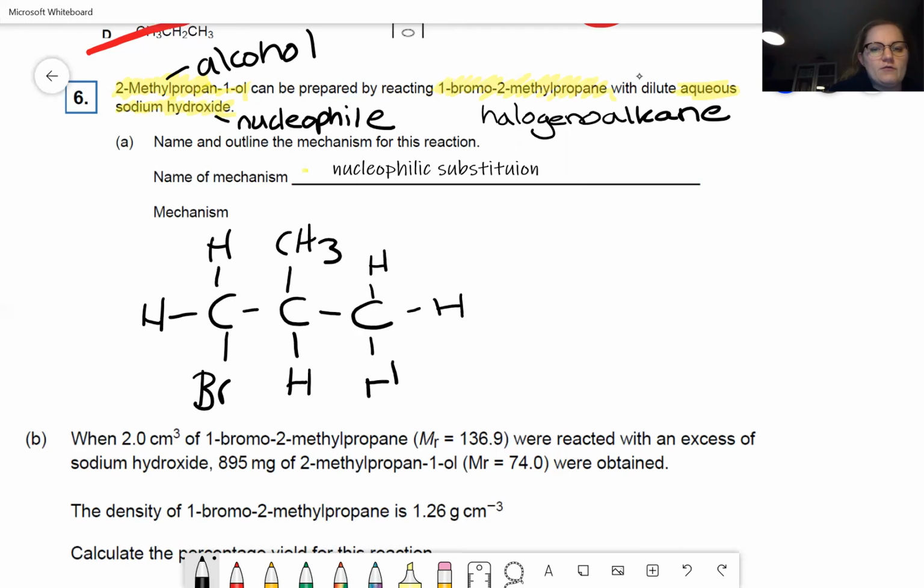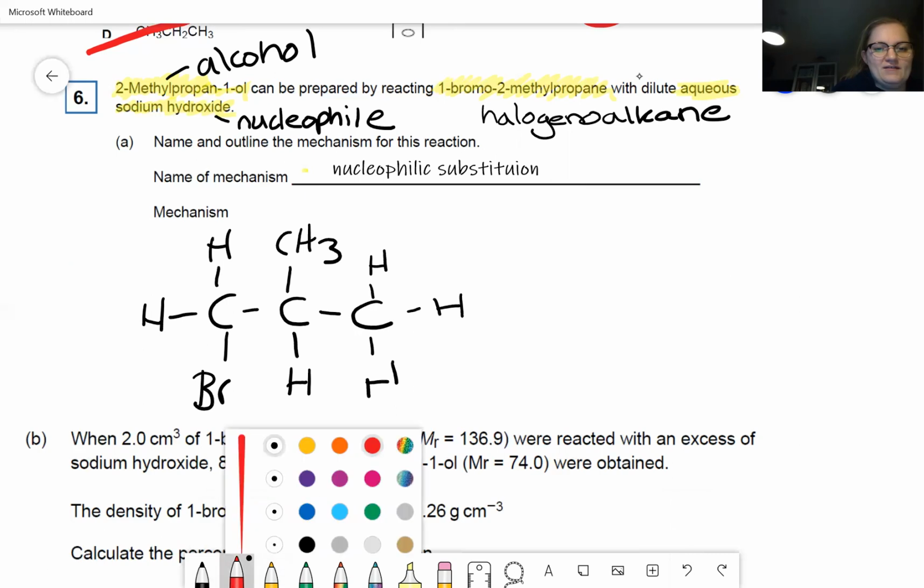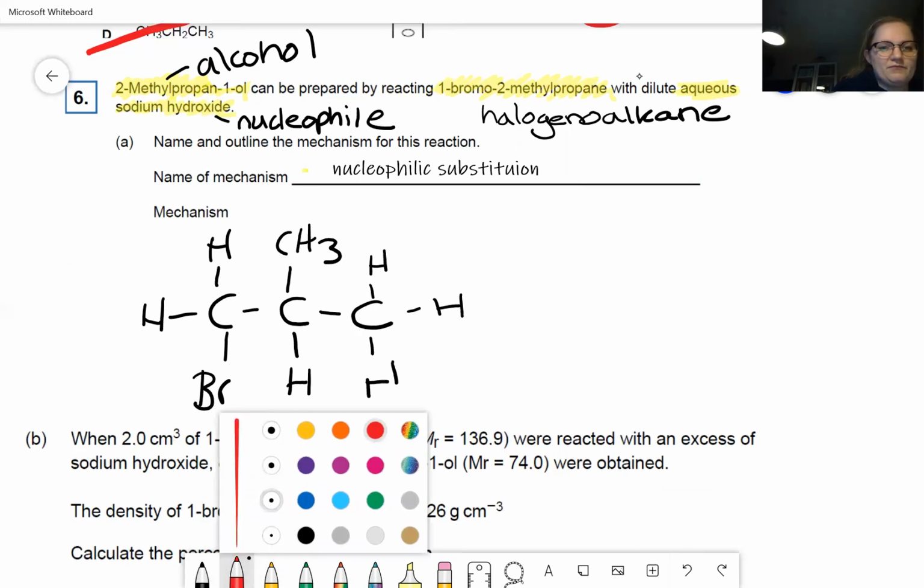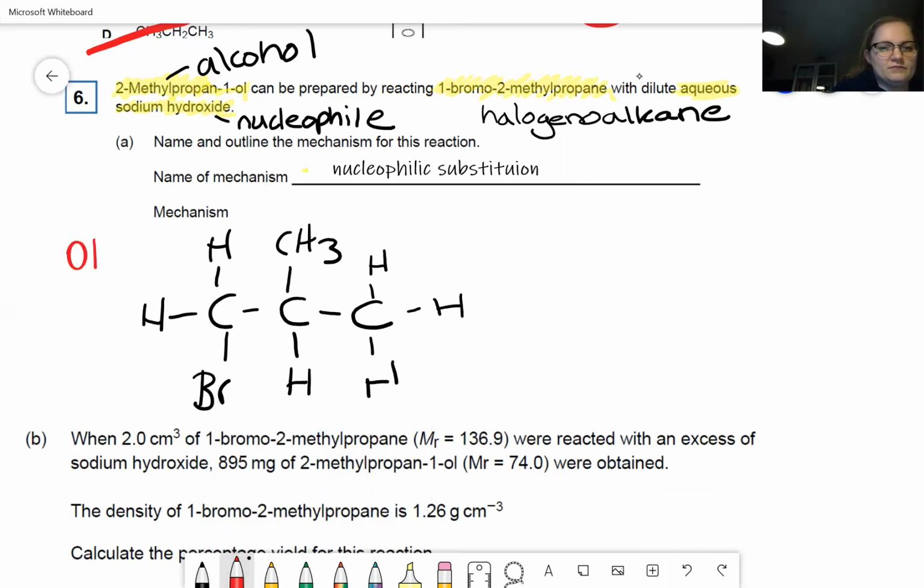Our nucleophile, as we've already said, is sodium hydroxide. So our hydroxide is going to come in here. And that lone pair of electrons is going to come in and attack that carbon here.